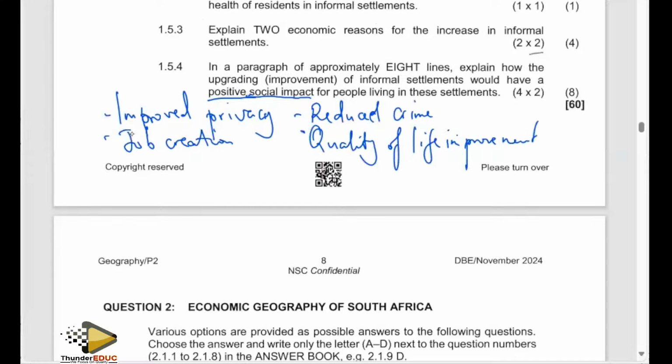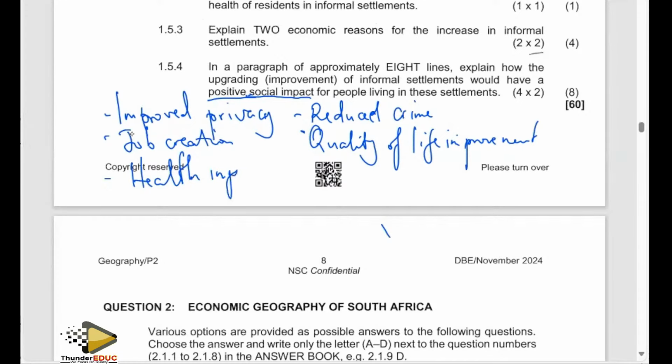Now people are staying in decent structures, which will also imply that they are now accessing basic shelter, which will complement an improvement in their quality of life. And also you can talk of the improvement of the health of the community.